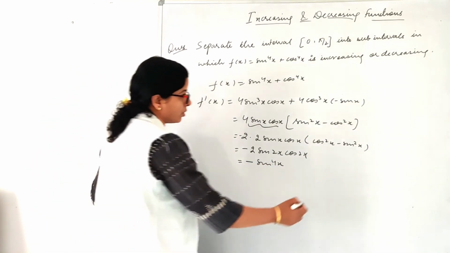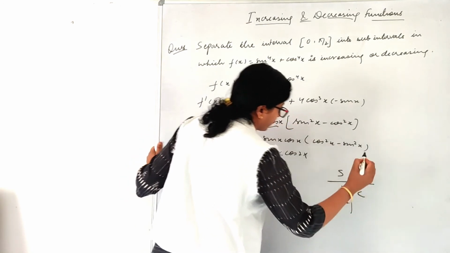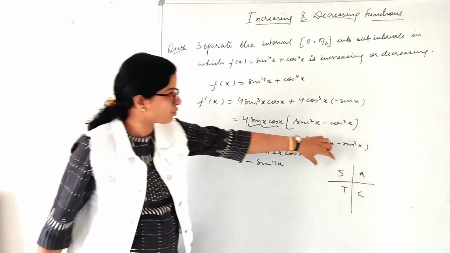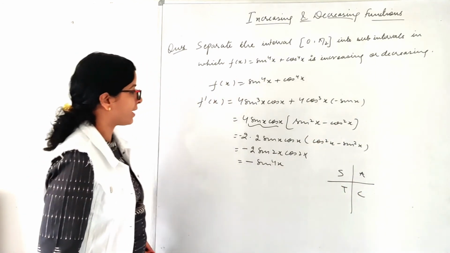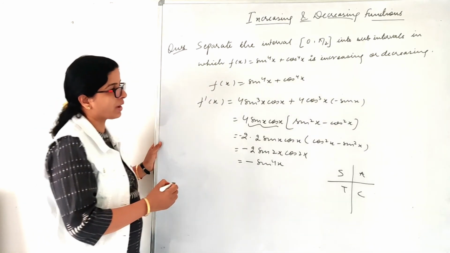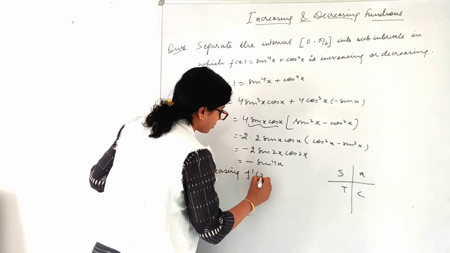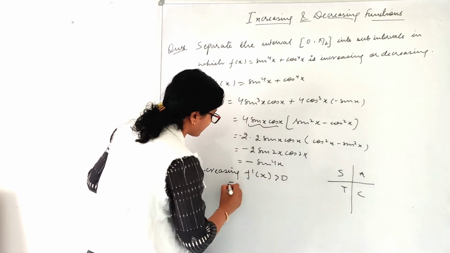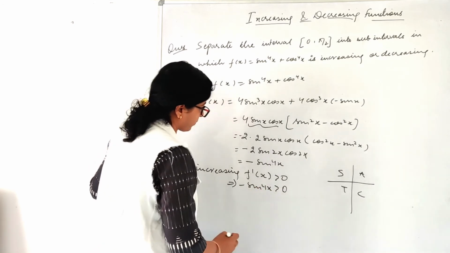And already we know, in the first 2 quadrants my sign is positive, in the next 2 quadrants my sign is negative. It has a value less than 0. Okay, so for increasing, f dash x should be greater than 0. What does it imply? This implies minus sin 4x should be greater than 0.